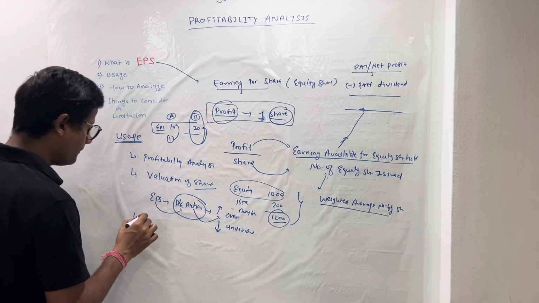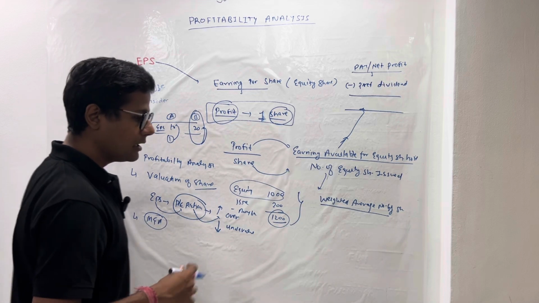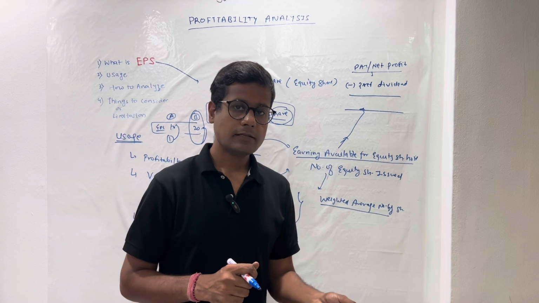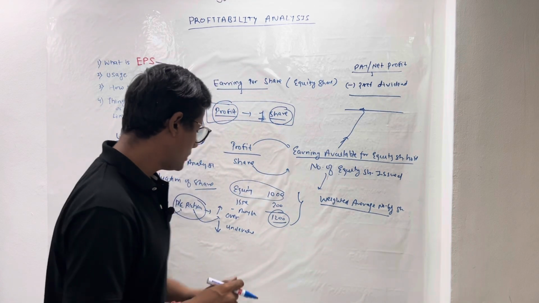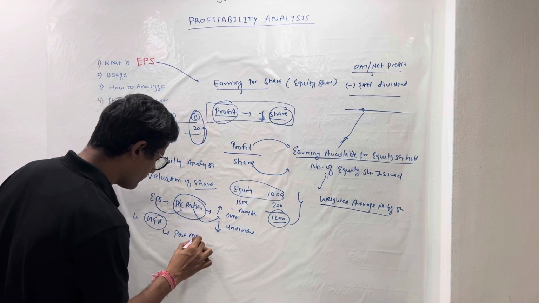Third is M&A, merger and acquisition. For merger and acquisition also EPS is very useful, because when you analyze a company you also want to see what my post merger EPS is.